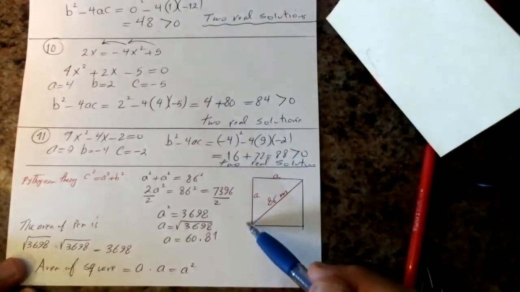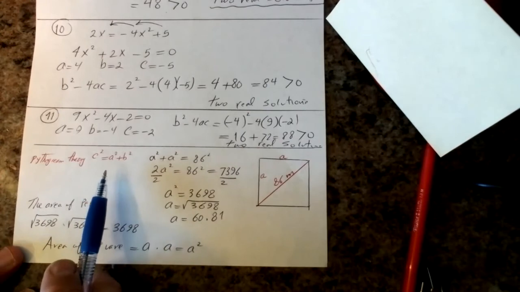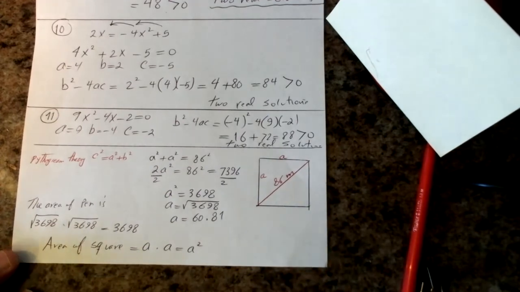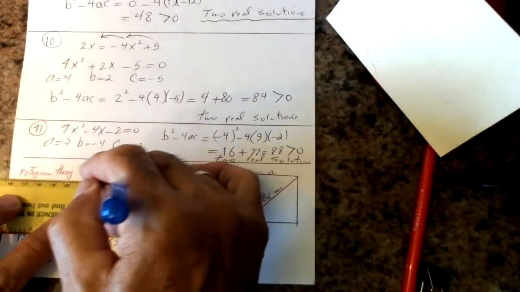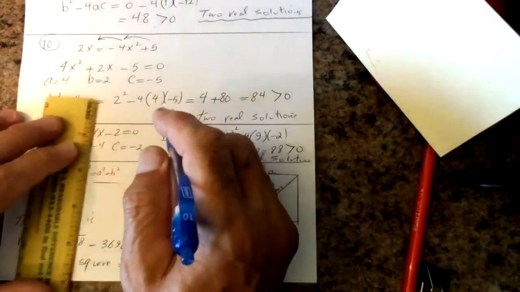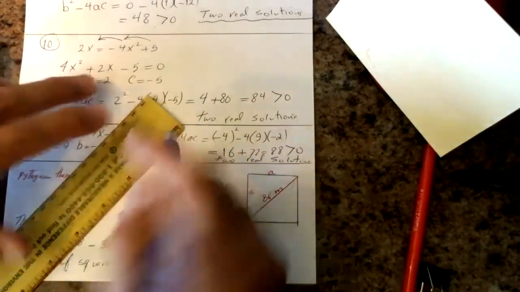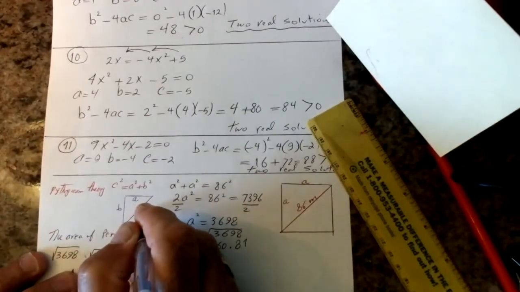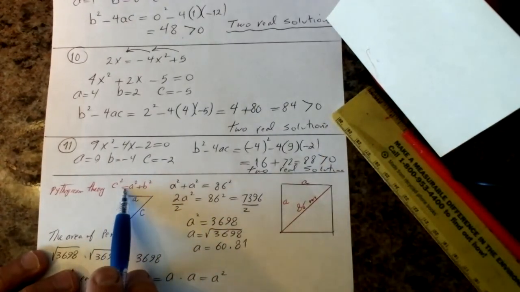So this problem is different. We have this formula in trig that if you have a 90-degree triangle, like this, if this side is A and this side is B and the longest side is C, we always have this formula among all three sides.